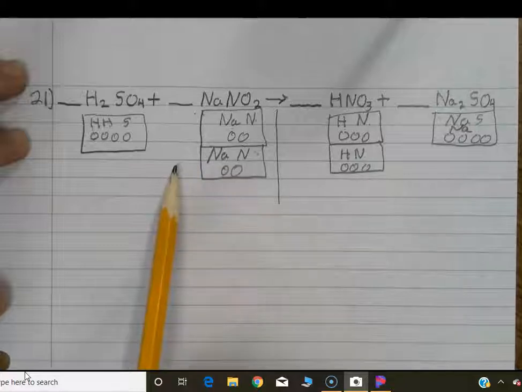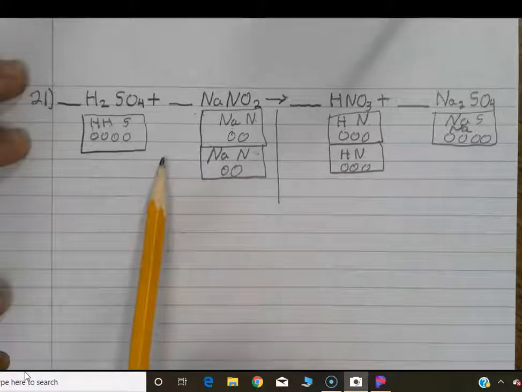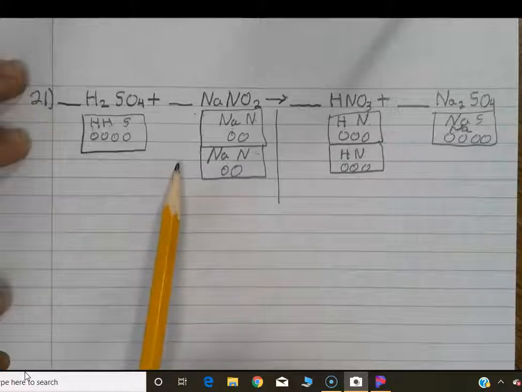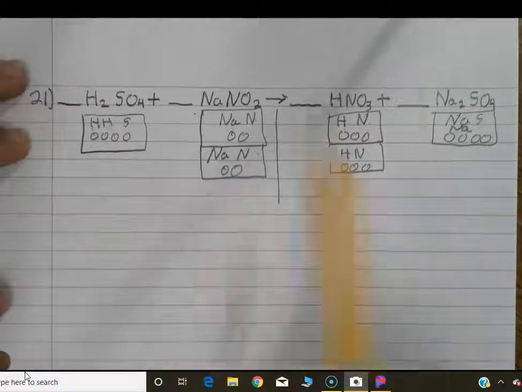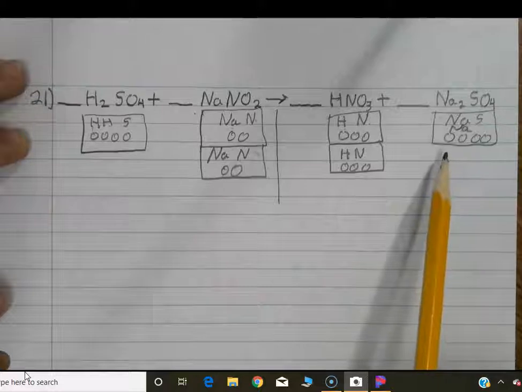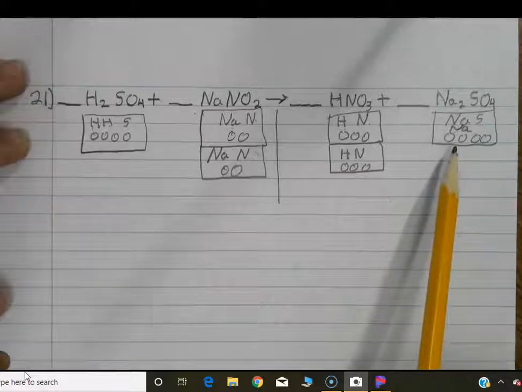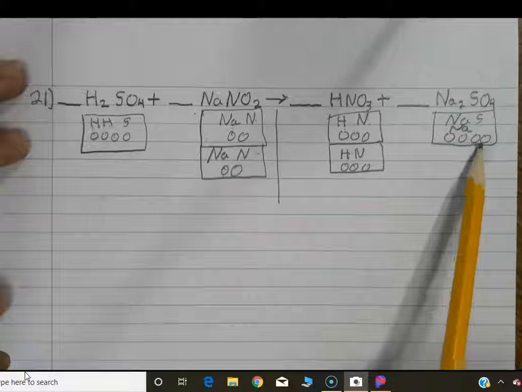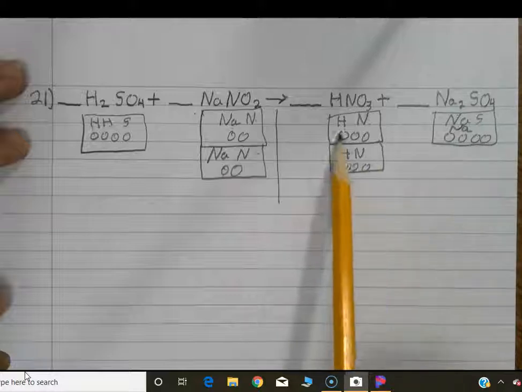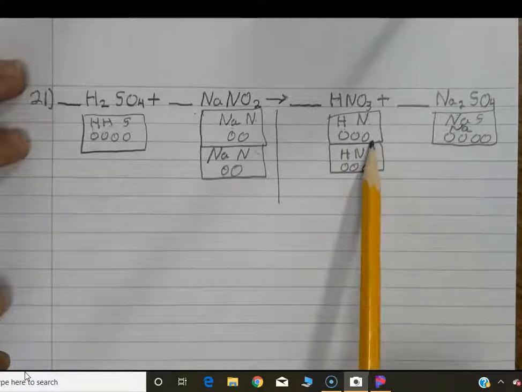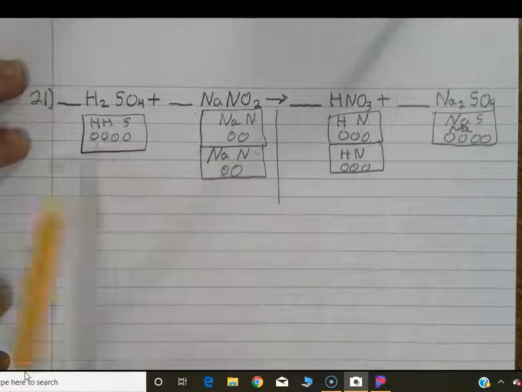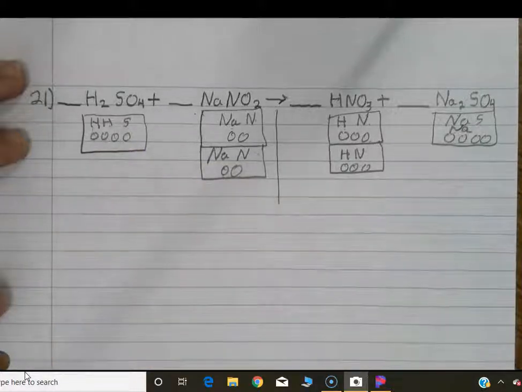So hydrogen, sulfur, sodium, and nitrogen all look good. So now we have to balance oxygens. And if we're lucky, they're already in balance. So 1, 2, 3, 4, 5, 6, 7, 8, 9, 10, 11, 12, 13, 14. Okay, so they're not in balance.